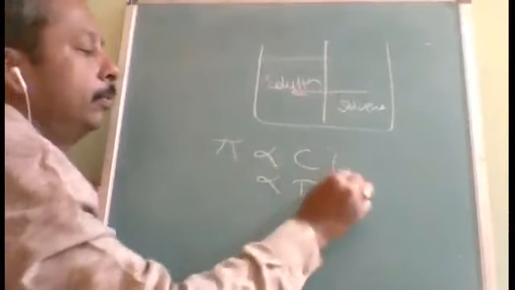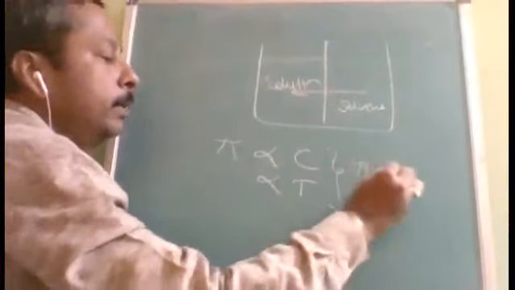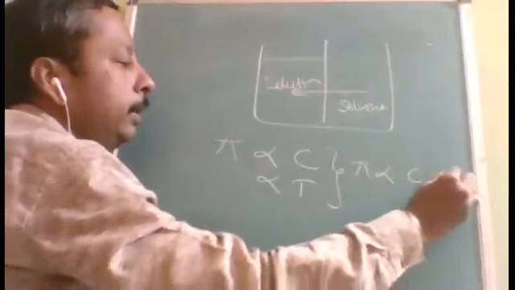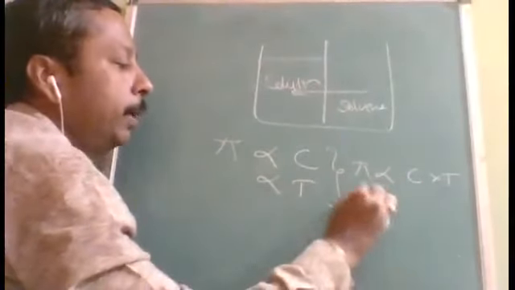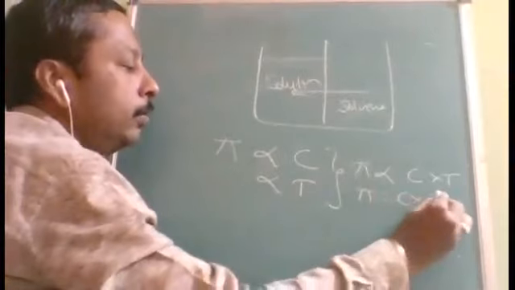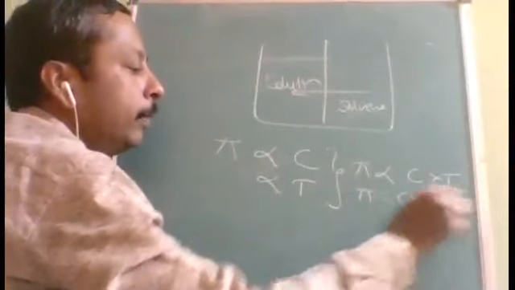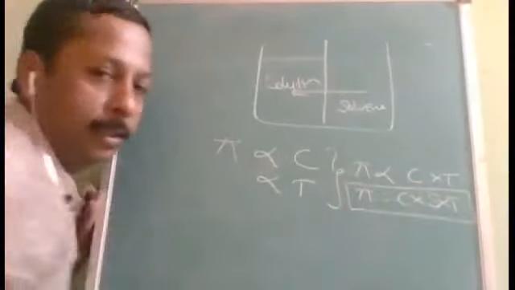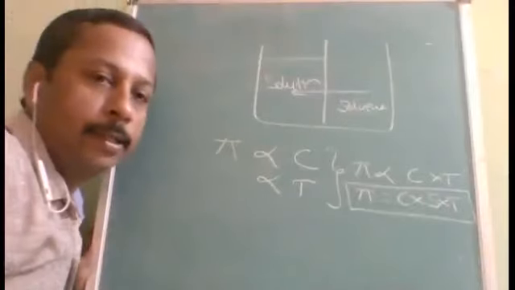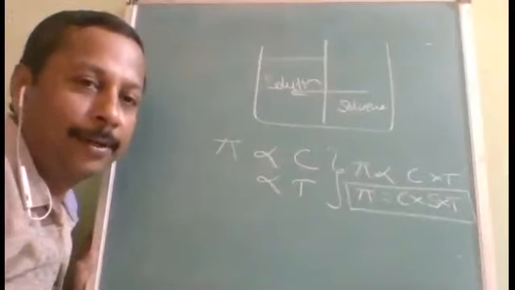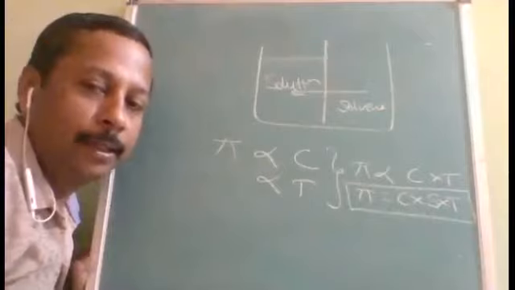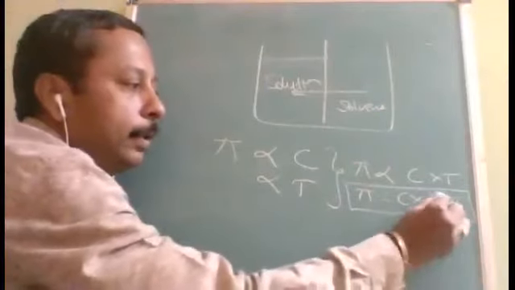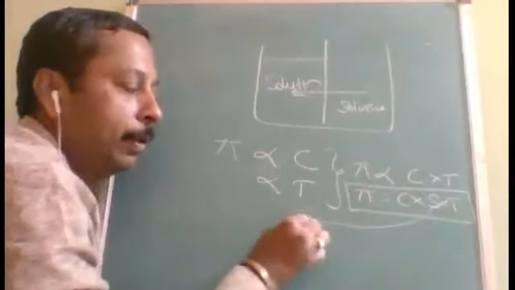So pi is directly proportional to C into T. So pi is equal to C into S into T. What is S here? A constant. S is the universal solution constant, not the gas constant. It is a universal solution constant, but the value is the same.